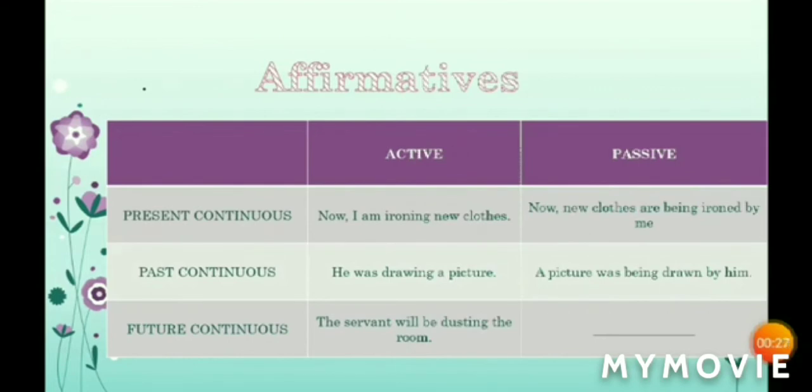Past continuous, he was drawing a picture. Passive voice, a picture was being drawn by him. Future continuous, the servant will be dusting the room. There is no passive voice of future continuous. Usually adverbs are placed after verbs, but if it is a phrase, at the end. Time adverbs may come in the beginning or at the end as well.